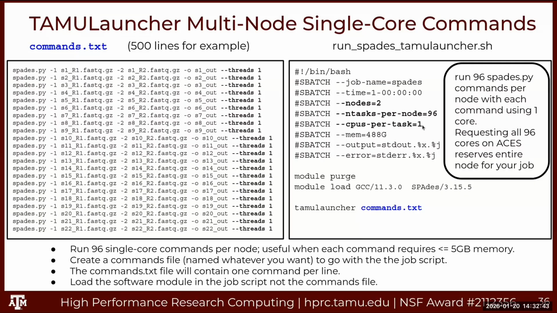Each one of those commands will use one task, and you want all the memory on each of those nodes. You will put your module load lines into your job script, not into your commands file. Your commands file only has the software commands. And then you add this line, tamulauncher and the name of your commands file.